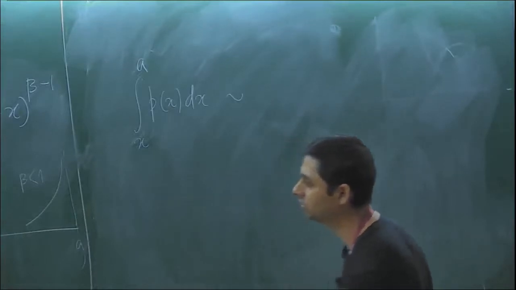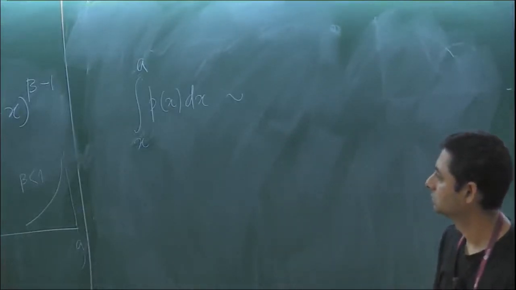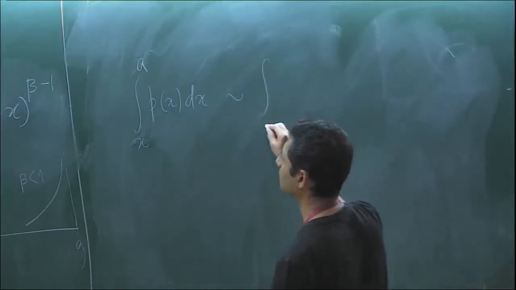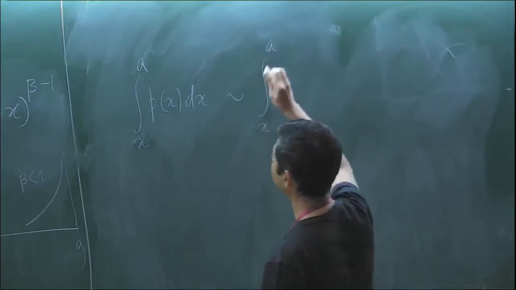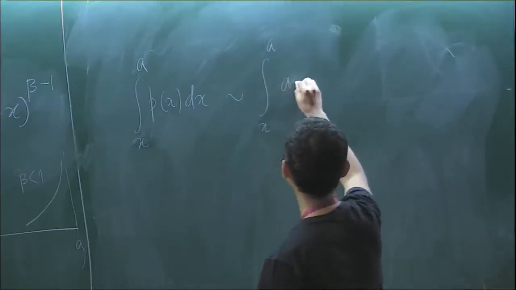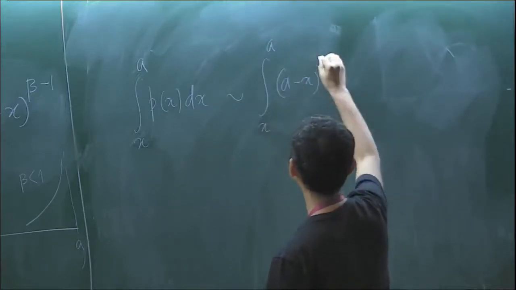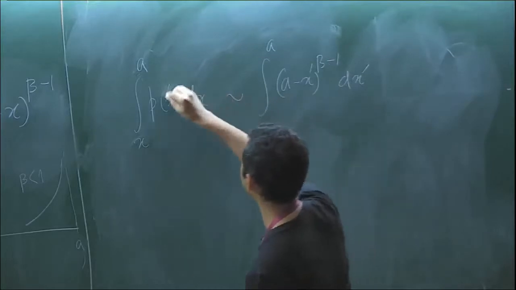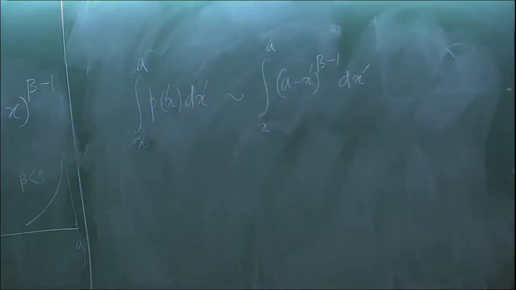So how does it go? It goes like (A minus x')^(beta minus 1) dx'. So what is this?